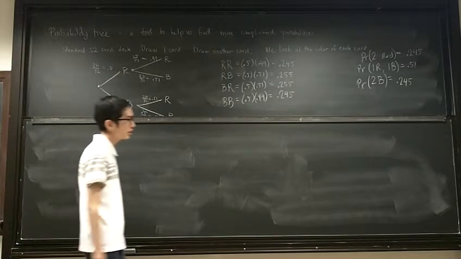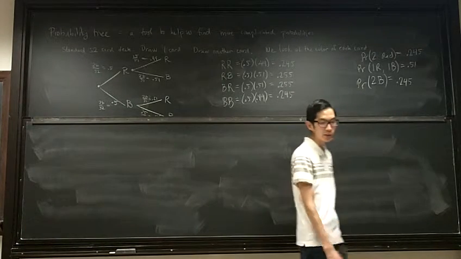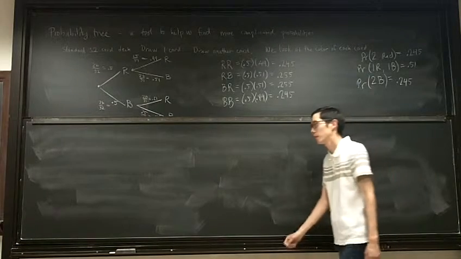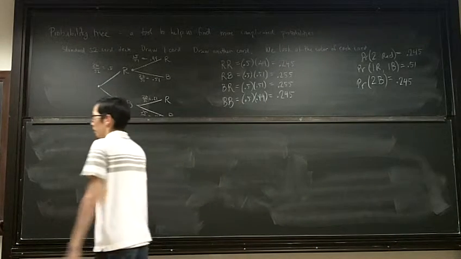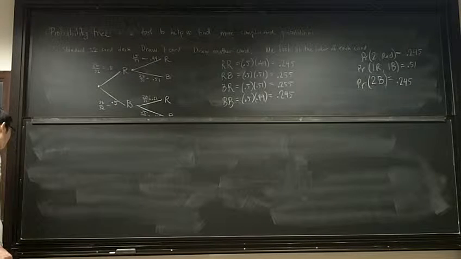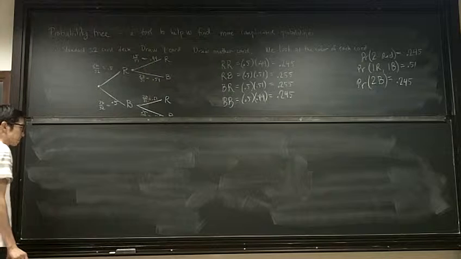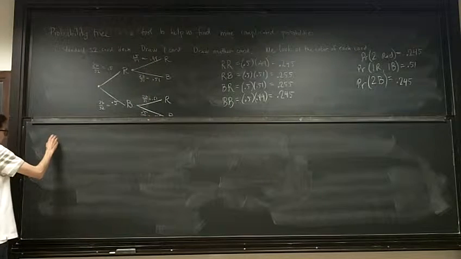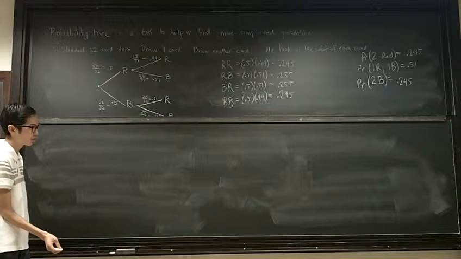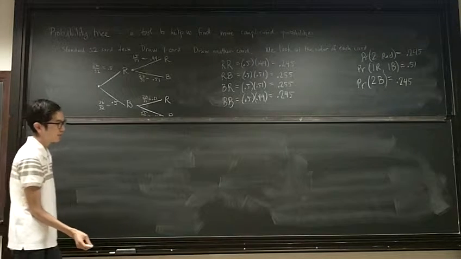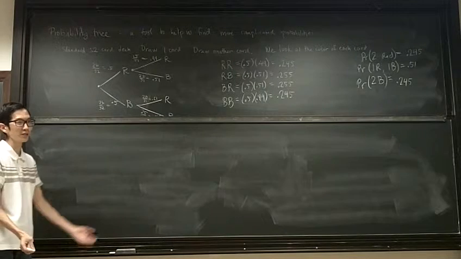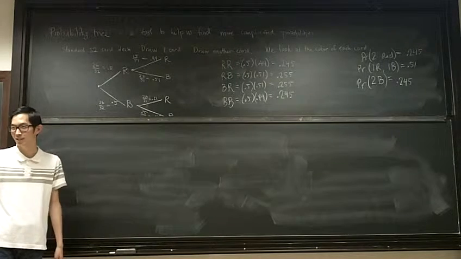Okay, let's try a more complicated probability tree. Okay, so let's say, what's a really common disease or virus? Chickenpox. What percentage of the population have chickenpox? Do we know? Any idea?